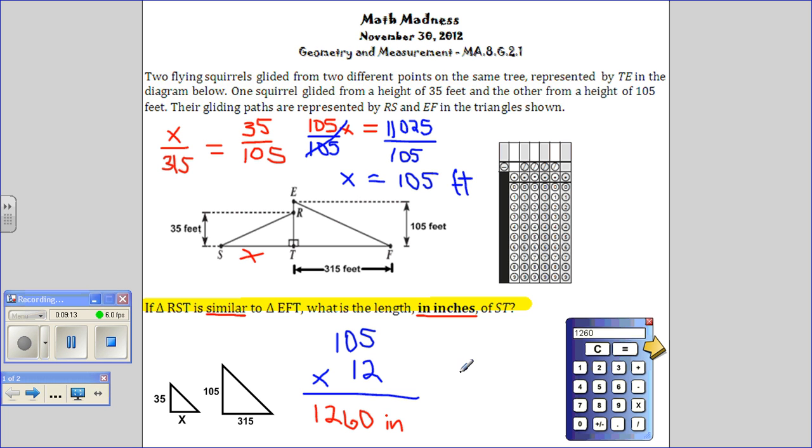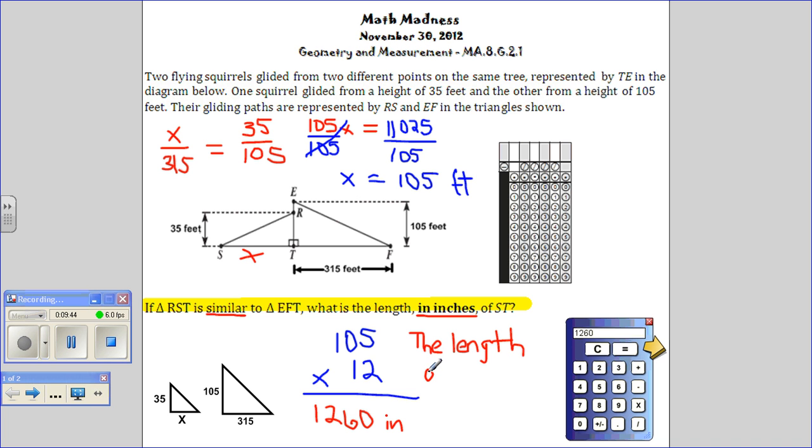Okay? Now, the last step, of course, is to put our answer in a complete sentence. If RST is similar to triangle EFT, what is the length in inches of ST? So we can say the length, that little clicking noise is, I'm having to write this using my mouse.